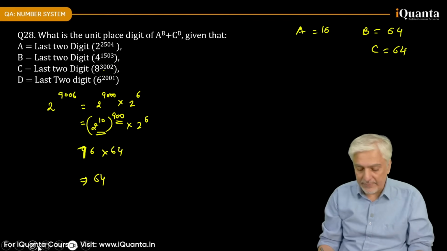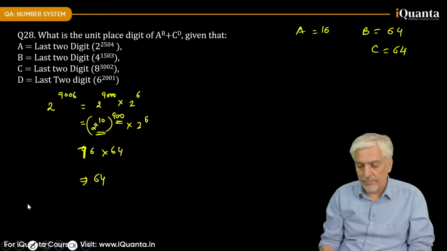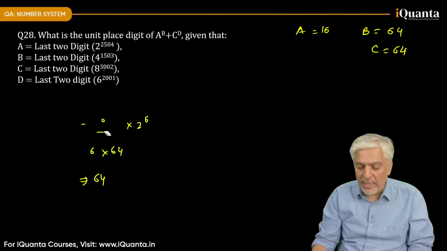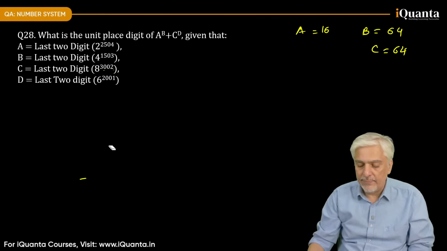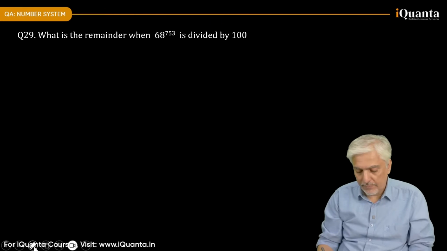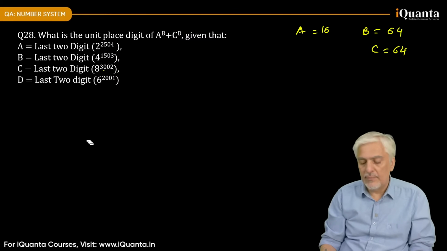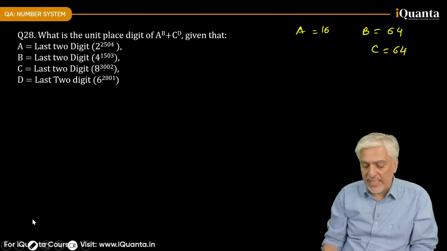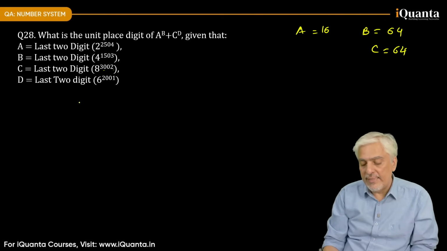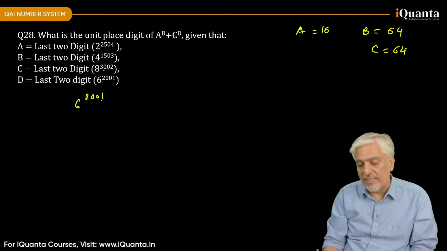अब D करते हैं. अब ये थोड़ा लंबा है, एक्स्ट्रा स्टेप है इसमें. ओके पे अटेंशन, इसमें एक एक्स्ट्रा स्टेप आएगा. 6 raised to 2001.